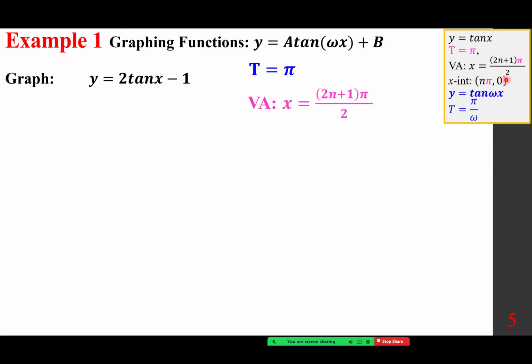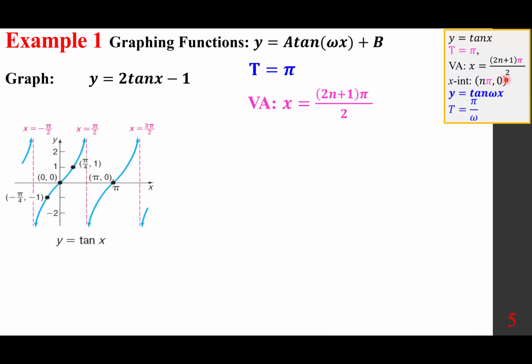So let's start with the basic tangent y equals tan x. Let's multiply it by 2. When you multiply it by 2, there's a vertical stretch of 2.